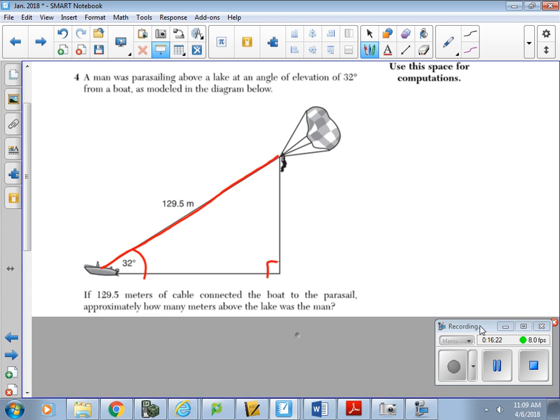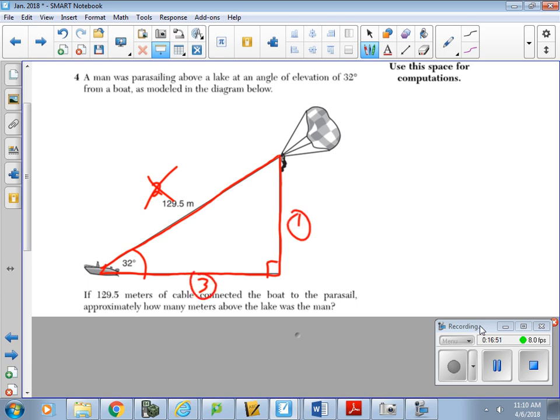Okay, so first of all, what are we actually looking for? We've got this triangle here. Are we looking for 1, 2, or 3? Which one of these sides are we looking for? Well, obviously we're not looking for this side because we already have that side. You have to be able to determine this, because they could ask this question in a way where you could be looking for 1 or 3.